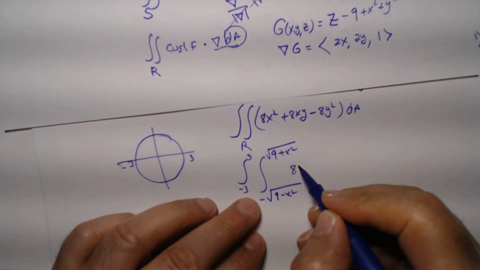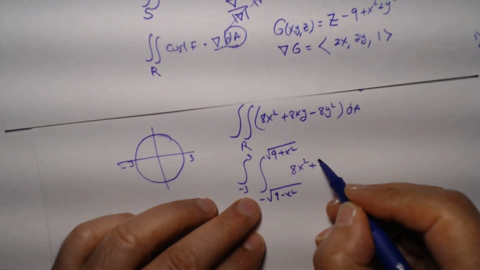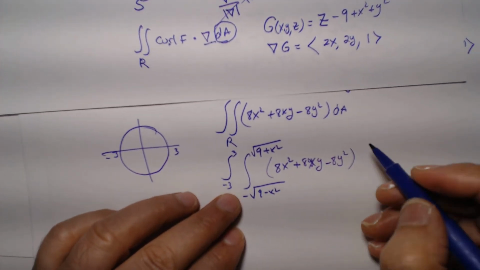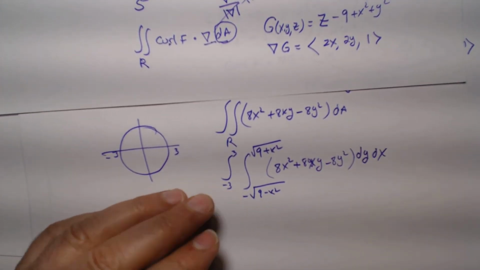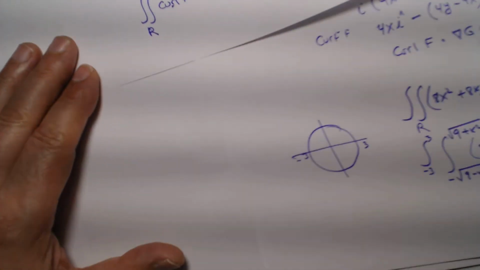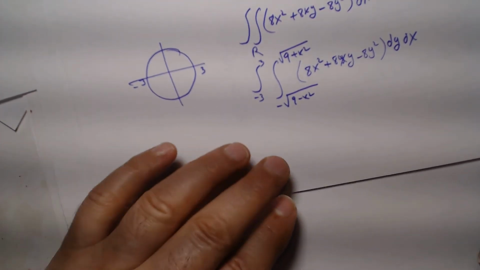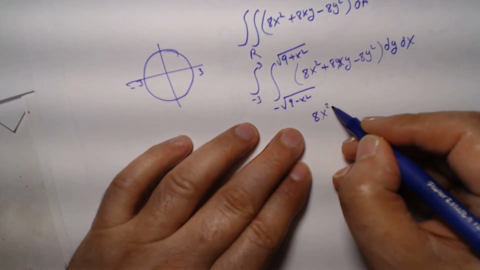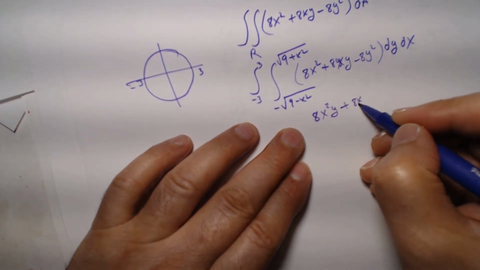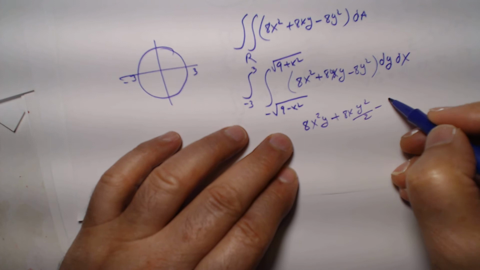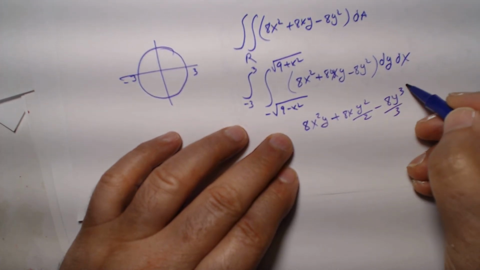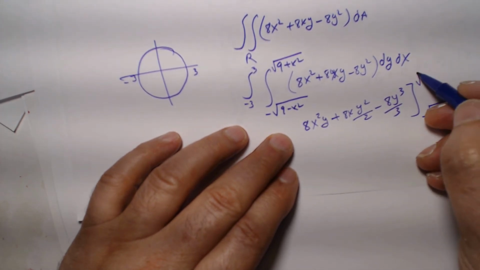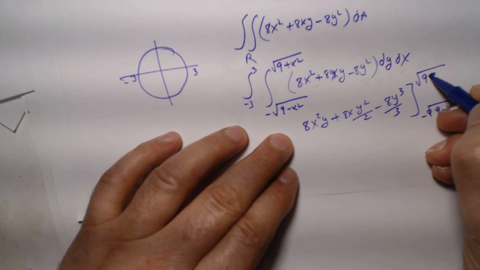And I'm going to have 8x squared plus 8xy minus 8y squared. My y changes, my x is fixed. I don't think this problem is going to be very hard to do, because the integration with respect to y is 8x squared y plus 8x y squared over 2 minus 8y cubed over 3, and this goes from negative square root of 9 minus x squared to positive square root of 9 minus x squared.